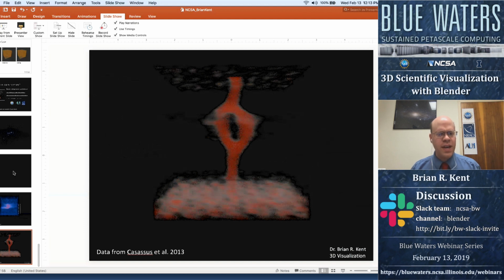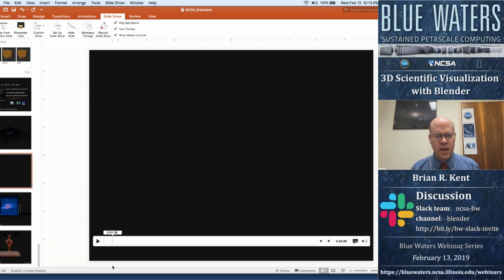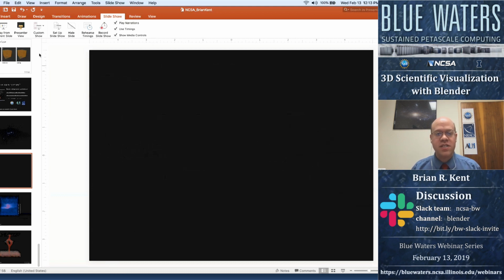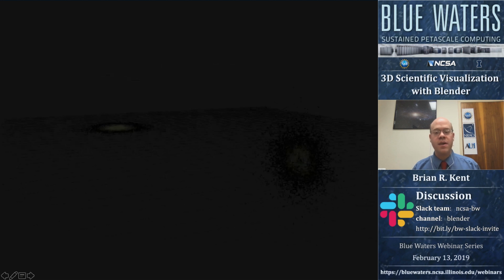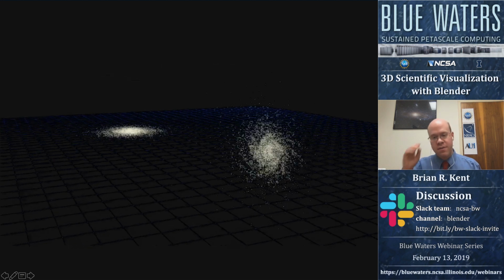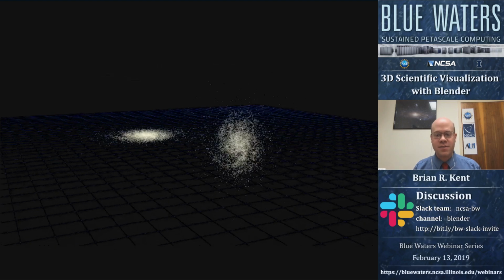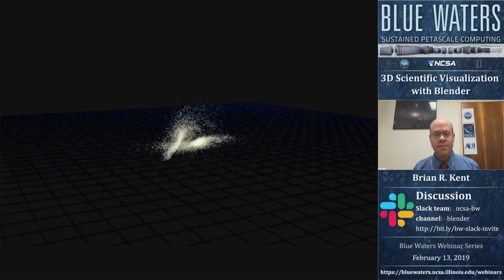Another example that I would like to show are N-body simulations. Okay, so in a similar fashion of actually reading in a catalog or any type of XYZ position data from an ASCII text file. Let me make this full screen. And this shows 2 Milky Way sized galaxies colliding.